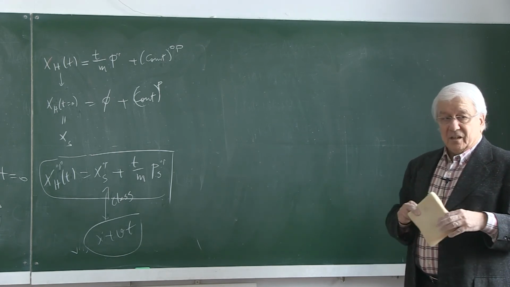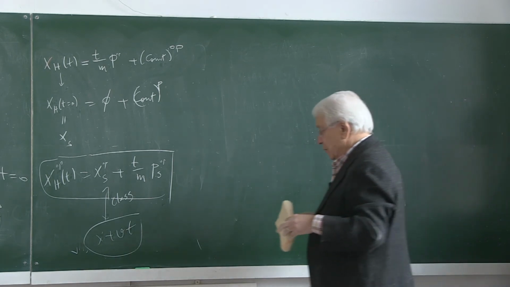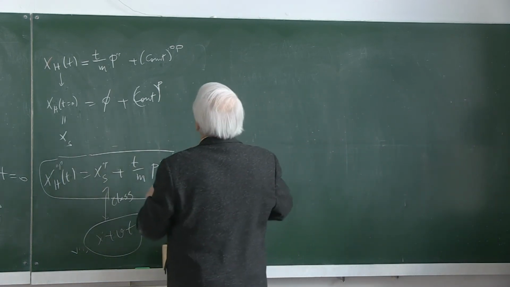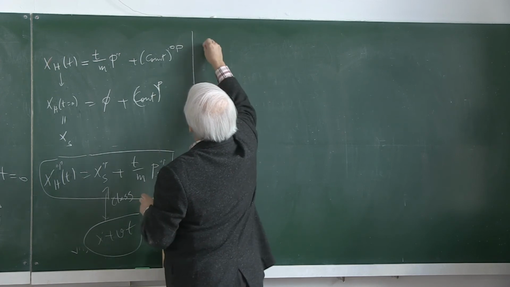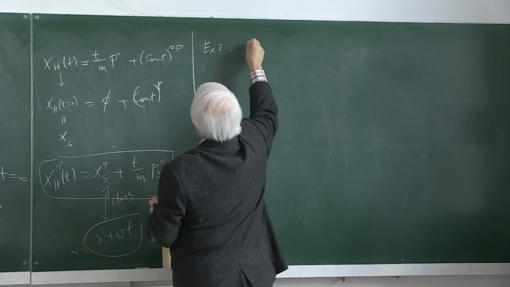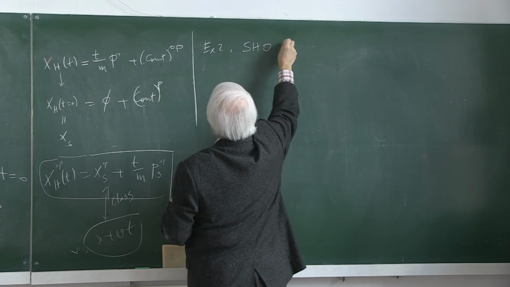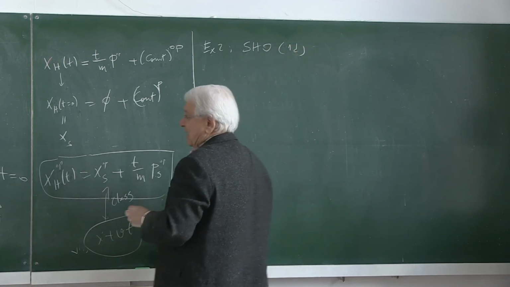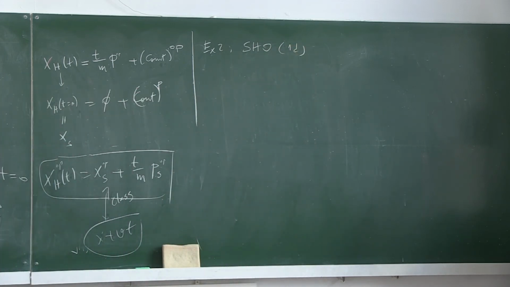But let me enrich this by going to the second example. The second example I will consider is, again, the simple harmonic oscillator in 1D. 1D because I don't want to complicate the notation with indices.